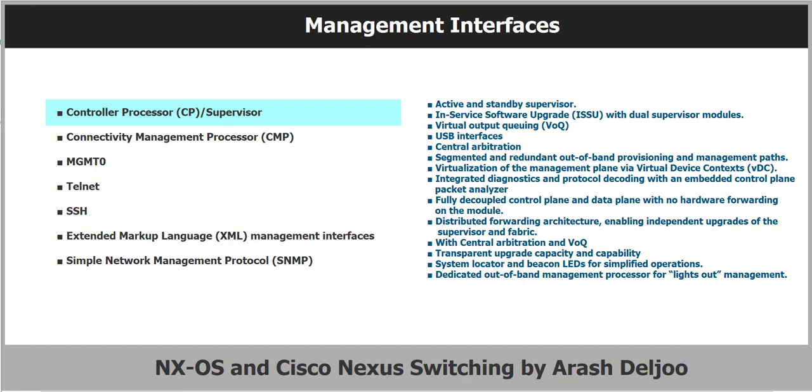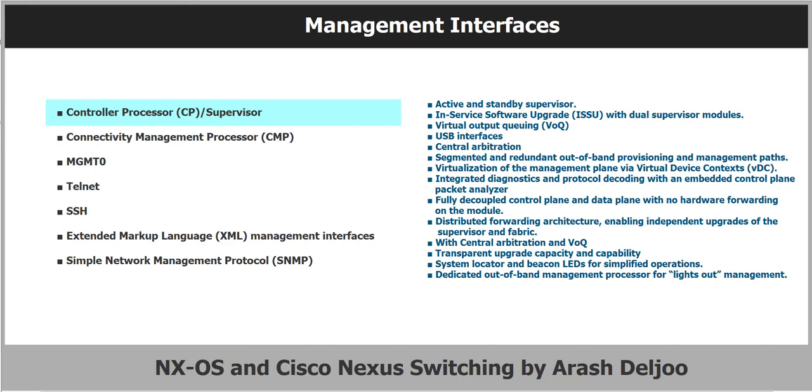But now I'm going to review a little more the features of these management interfaces. Okay, you can sit in your place, for example, and only hear this explanation. It is good. In future, we can better understand these details. First, about the controller processor, or CP, or supervisor.